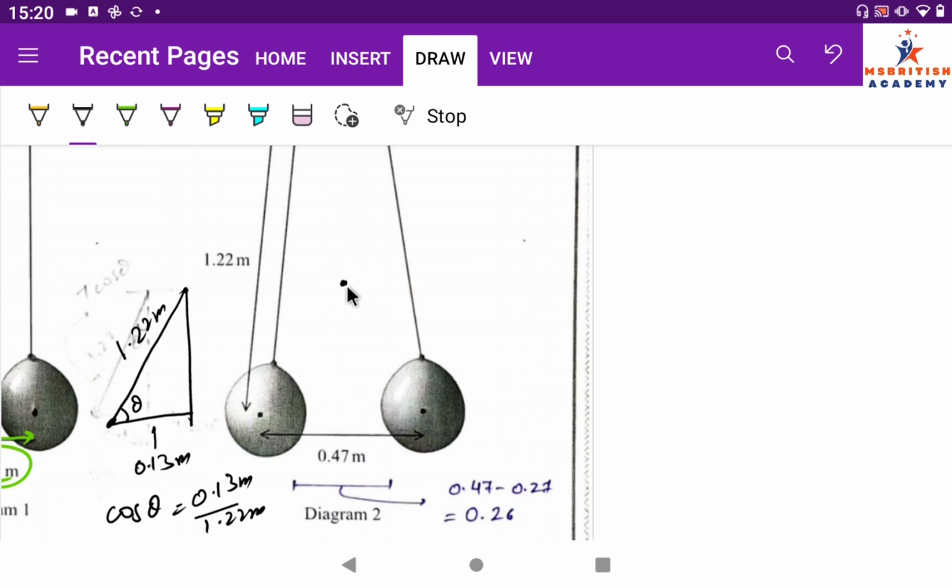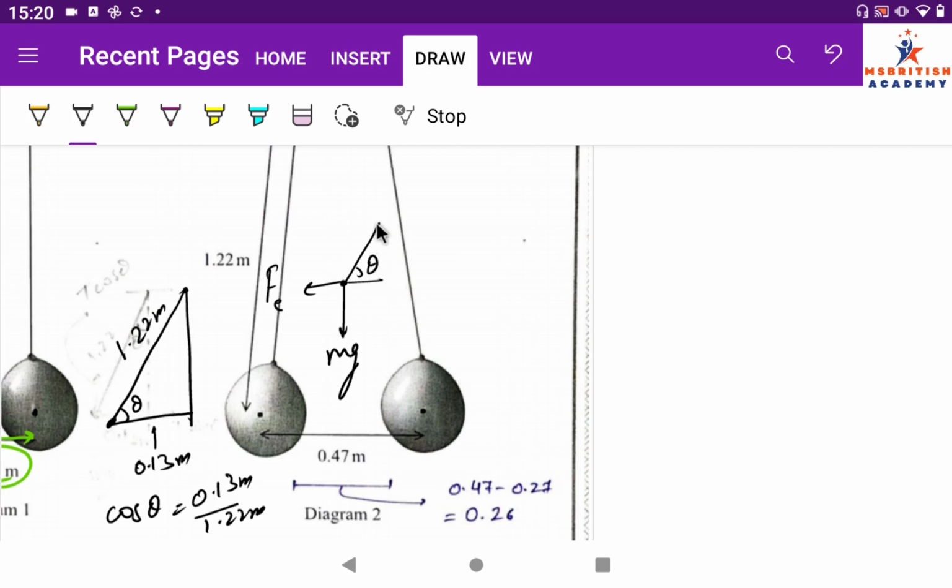This is the center of the balloon, and here is mg. Here the force is because of charges, so the electric force is here, and this is the tangent, this is theta.